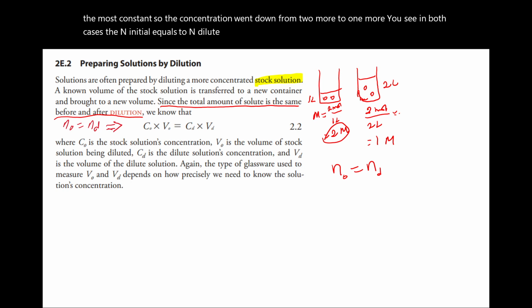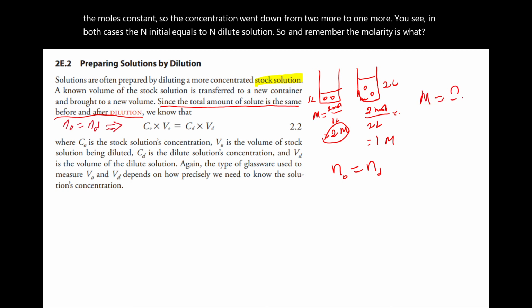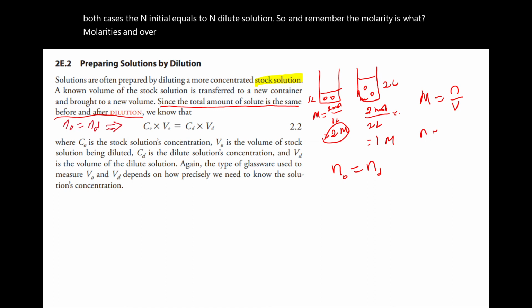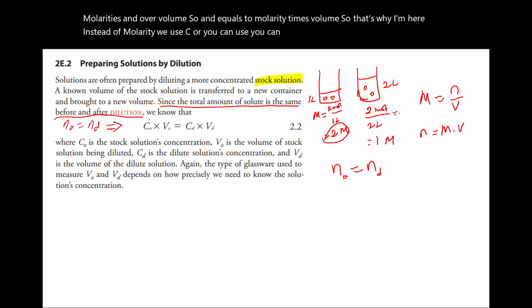And remember, molarity is n over volume, so n equals molarity times volume. So that's why here instead of molarity we use C, or you can use a capital M or C, doesn't matter.